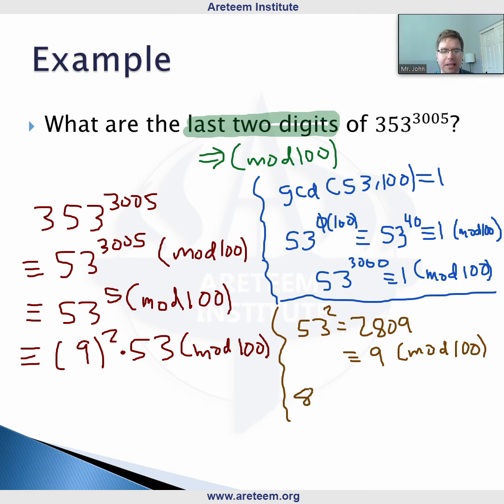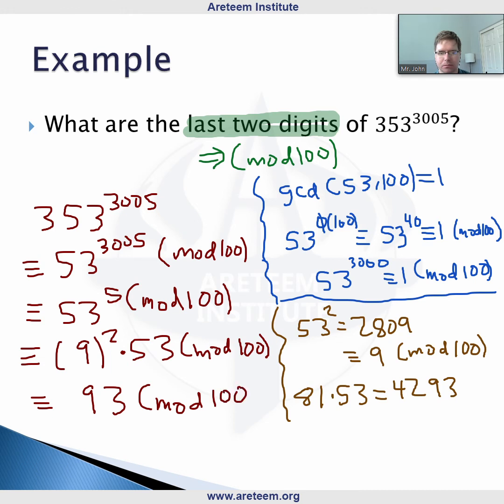So what is 81 times 53? So 81 times 53 is 4293. And so, of course, we again only care about those last two digits. So the last two digits, or mod 100, are 93 mod 100.